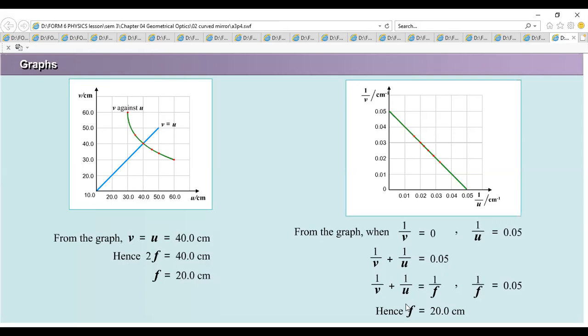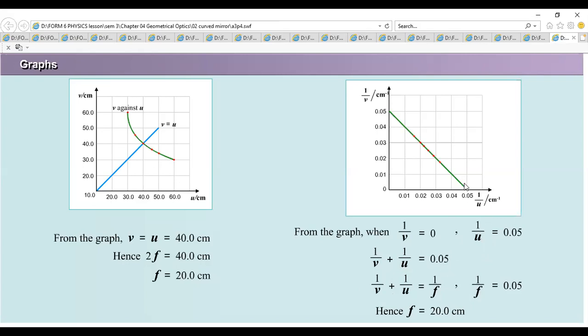By using the formula 1 over U plus 1 over V equal to 1 over F, we notice that 1 over U plus 1 over V is equal to 0.05.